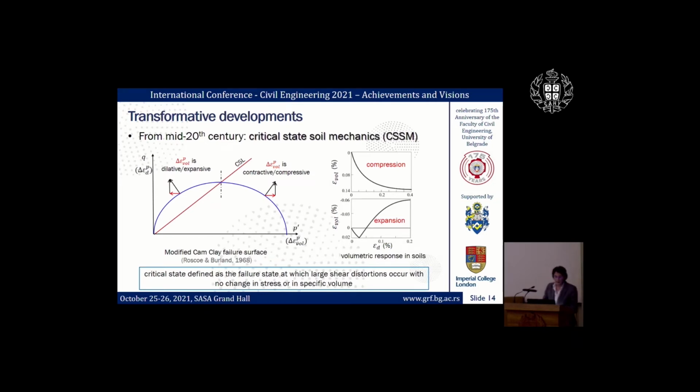And the first constitutive frameworks, Modified Cam Clay and Cam Clay, that were developed at the time, have essentially stood up to the test of time, and they're still in use today, although with many refinements that have come from these advanced testing of soils that has then been translated into mathematical formulations and implemented within the critical state framework.